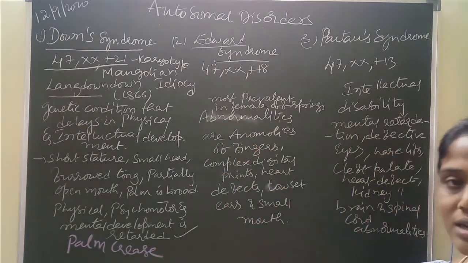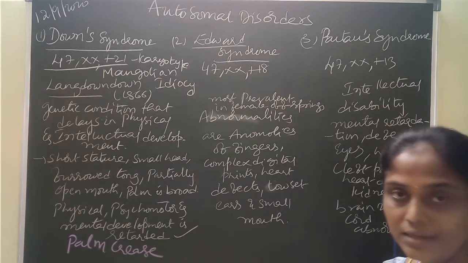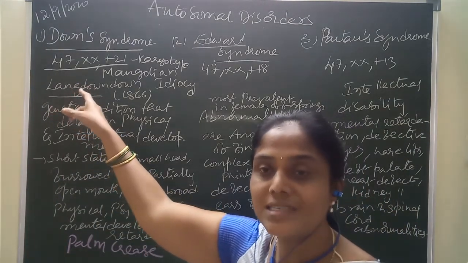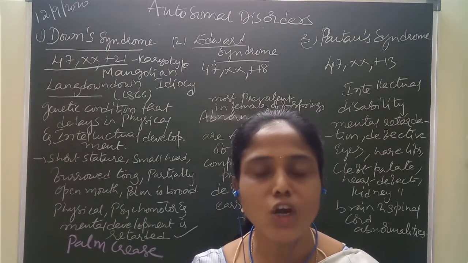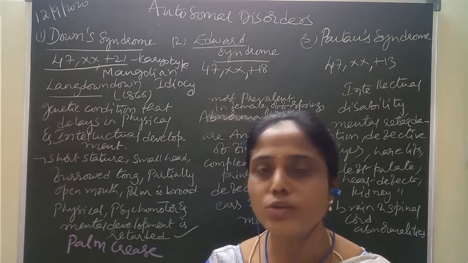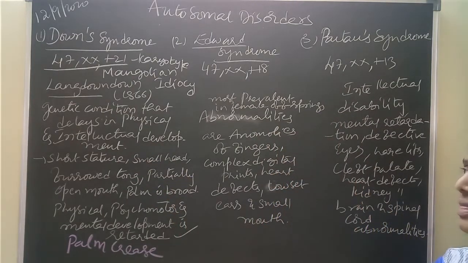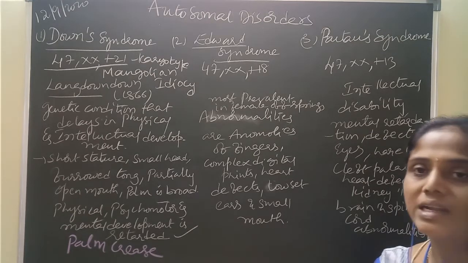So once again, the first autosomal disorder is Down's syndrome. It is also called Mongolian idiocy, and the karyotype is 47XX plus 21, due to trisomy of the 21st chromosome. It is a genetic condition that delays physical and intellectual development.